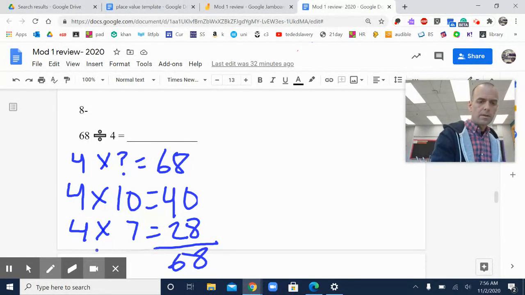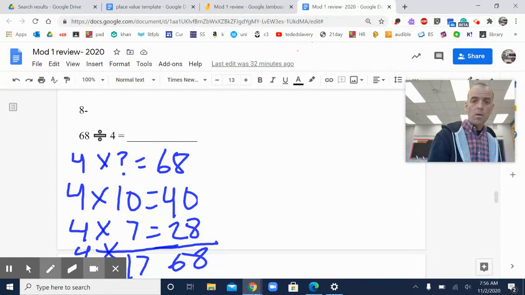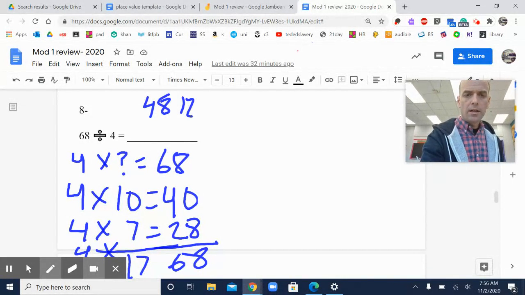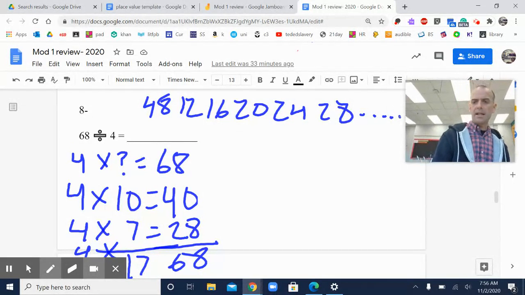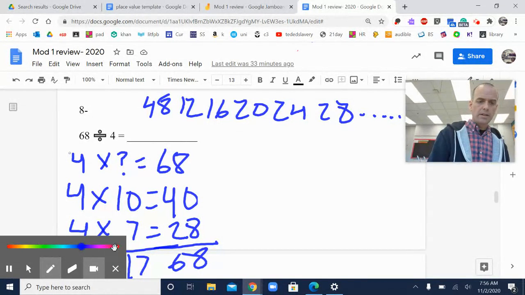So 4 times 17. Okay, so that would work. Or you can skip count by 4, 8, 12, 16, 20, 24, 28, all the way to 68, and you'll see it 16 times.